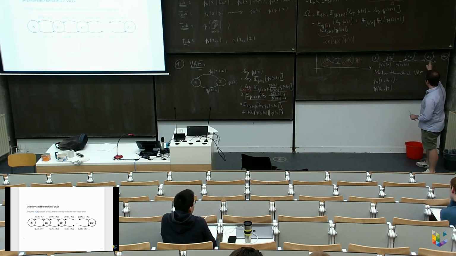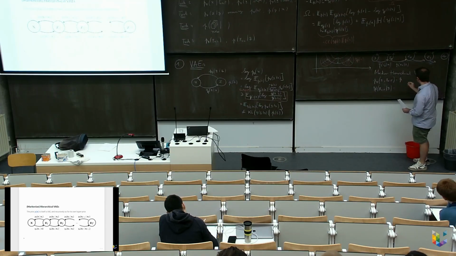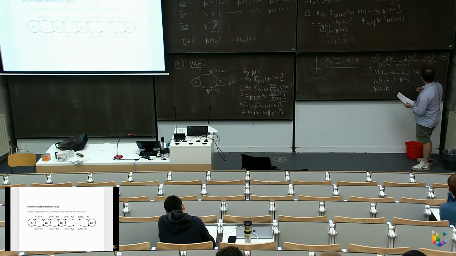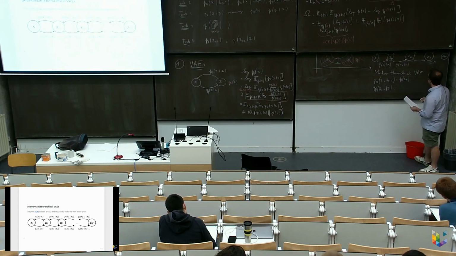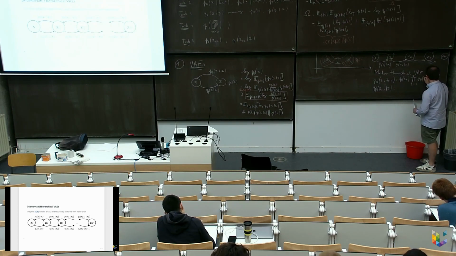Okay. And because of this structure, what we are saying is that this joint is defined as the product of first the prior, okay, then we have all the transitions from ZT to ZT minus 1, ZT minus 2 up to Z1, which we can factorize from 2 to T as P of ZT minus 1 given ZT.